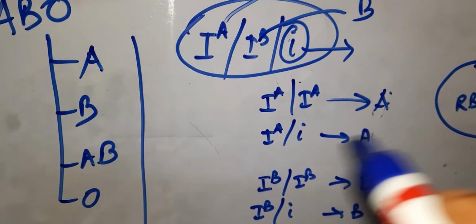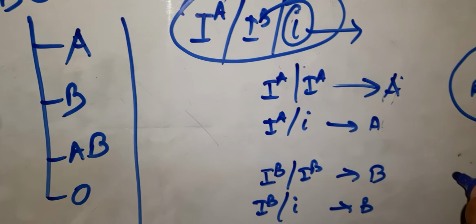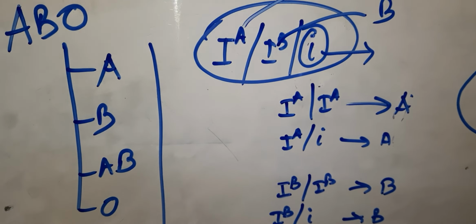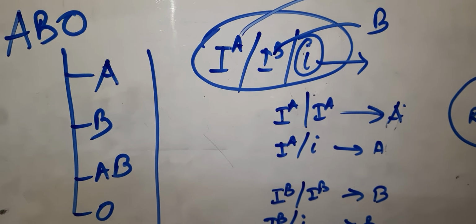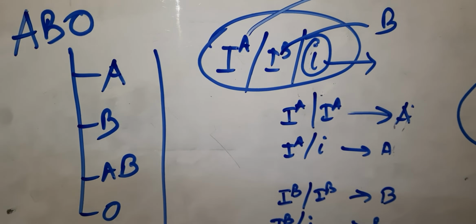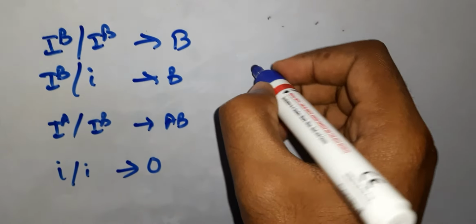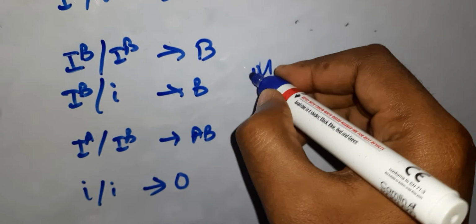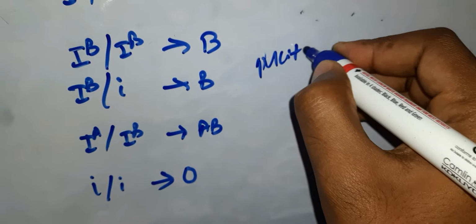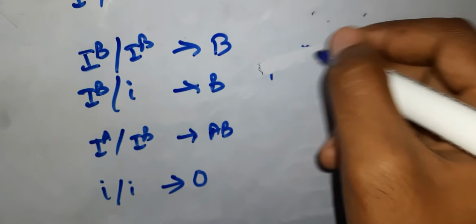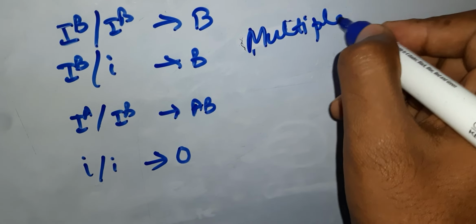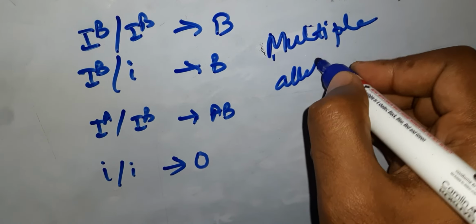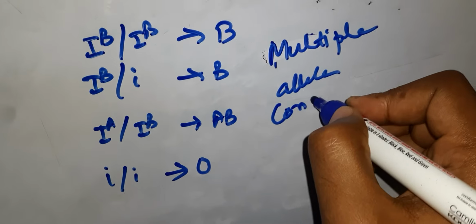So this system represents the presence of more than one allele for the single trait. So this system is also known as multiple allele concept.